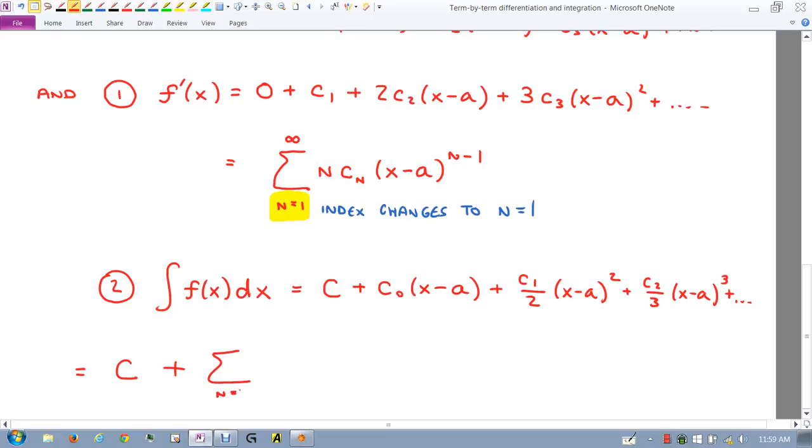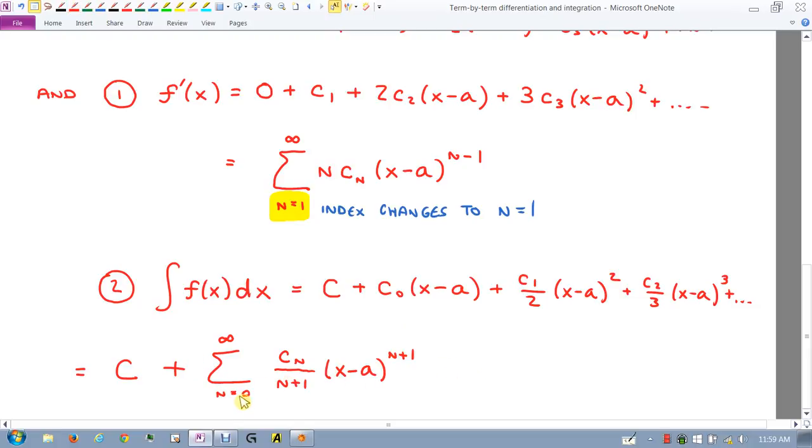Started at 0. C sub n over what? N plus 1. N plus 1. Because isn't the number below each of the c's 1 more than the index? Right? So if we plug in 0, we get c sub 0 over what? 1. Okay, that would work. And then x minus a to the n plus 1.